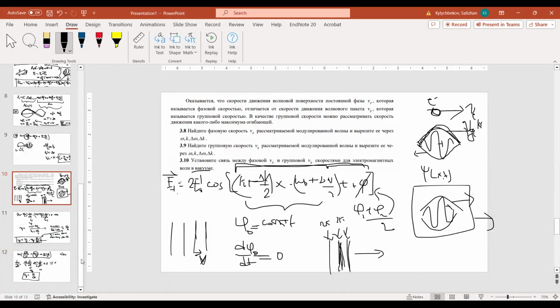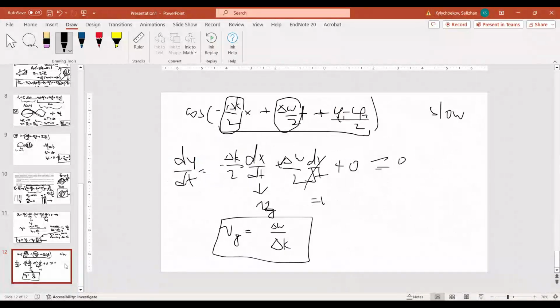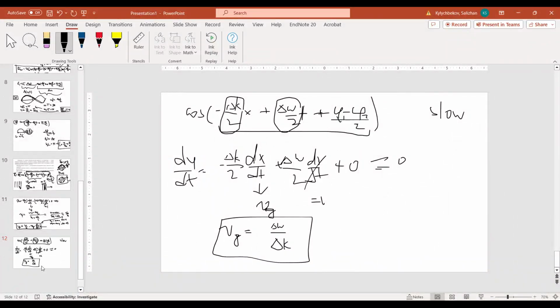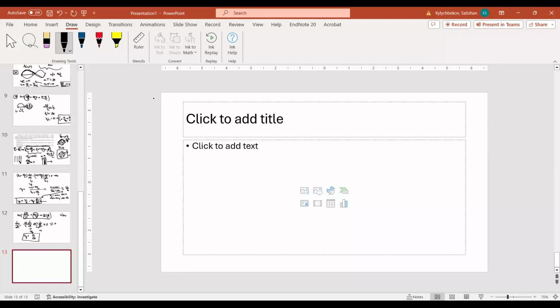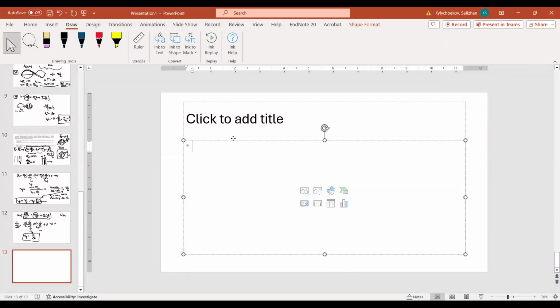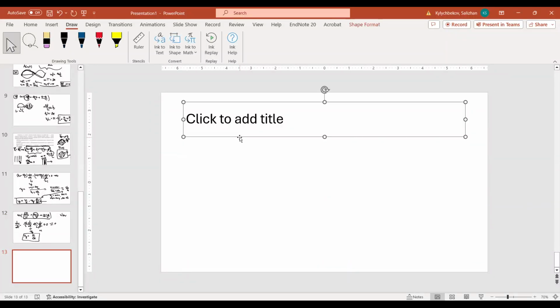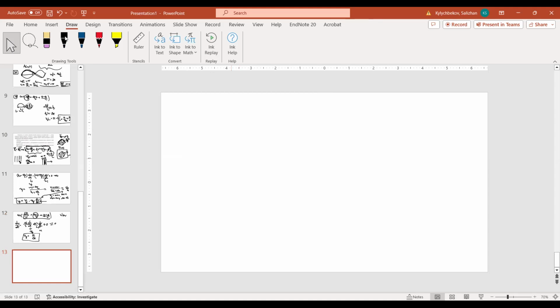Guess, monochromatic wave, electromagnetic wave in vacuum. What will be the speed? Can anyone guess? Guys?